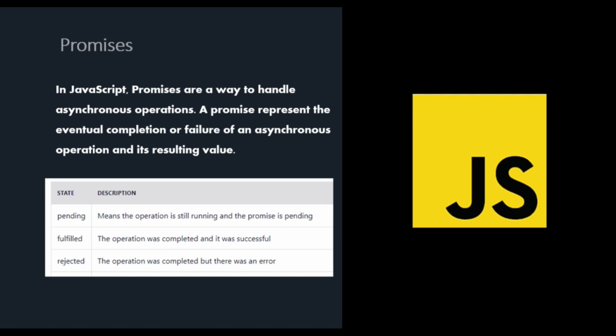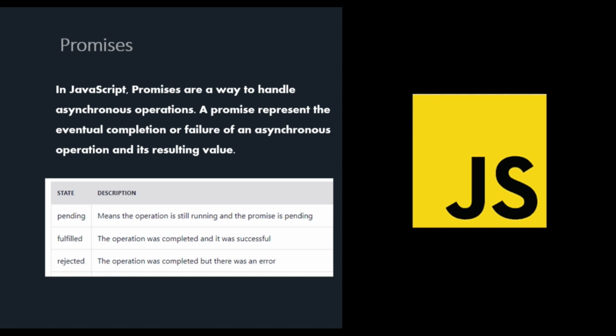So fulfilled state means the promise is resolved, or the operation was completed and it was successful, and it returns a resolved value. And the last one is the rejected one. So it returns an error object, and that shows the operation was completed but there was an error. So this is what a promise is and all about its state and result.